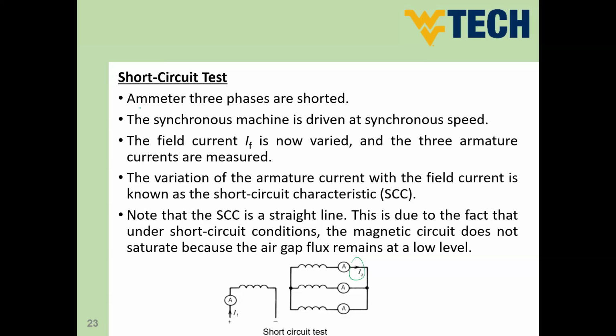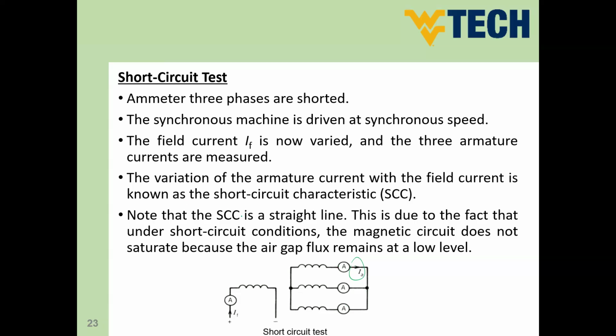So in the short circuit test, the 3-phase ammeters are shorted. For sure, once you connect ammeters like that, guys, the ammeter internally is a short circuit, so this would short our machine. The field current IF is now varied, and the 3 armature currents are measured. The variation of the armature current with the field current is known as the short circuit characteristic.